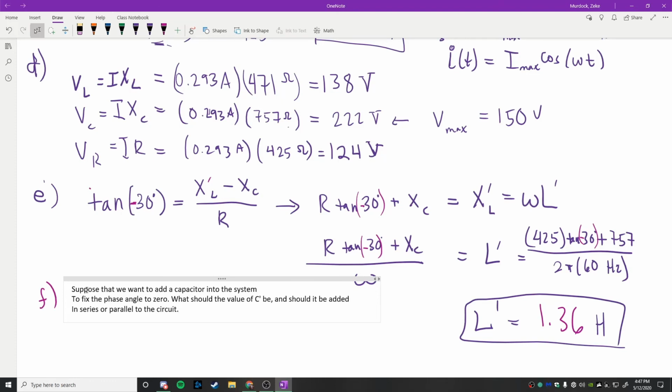What should the value of this new capacitor be, and should it be added in series or parallel to the circuit? This is one of your lab manual problems. What do you guys think?